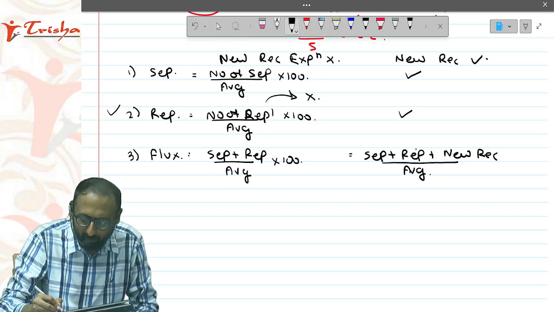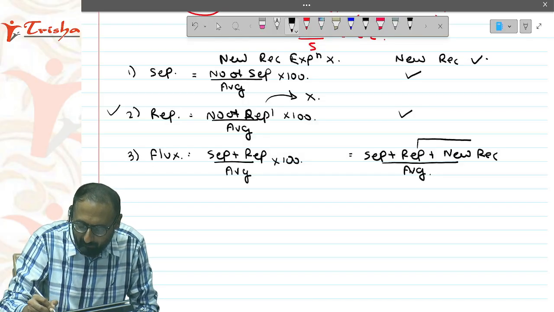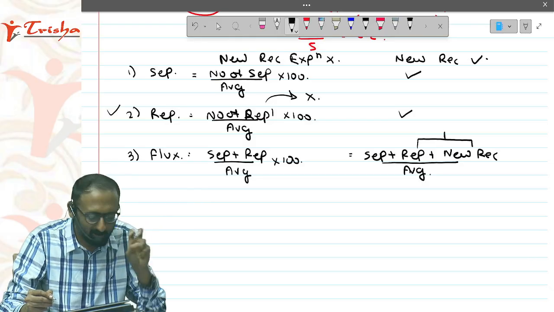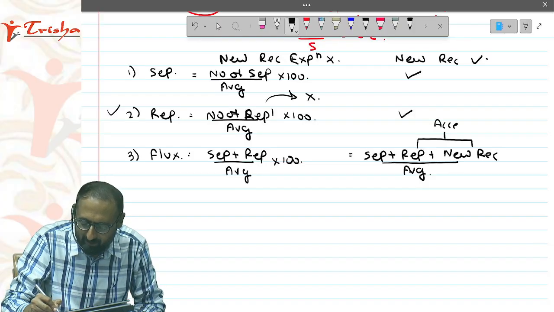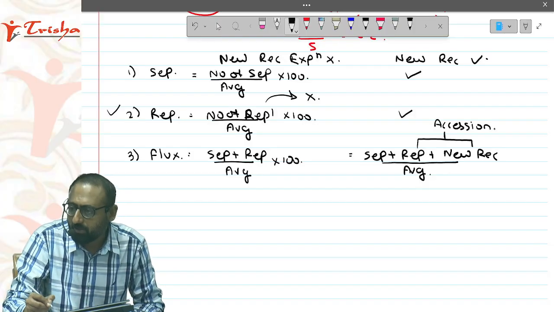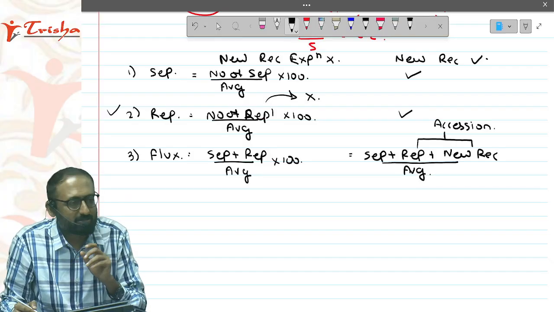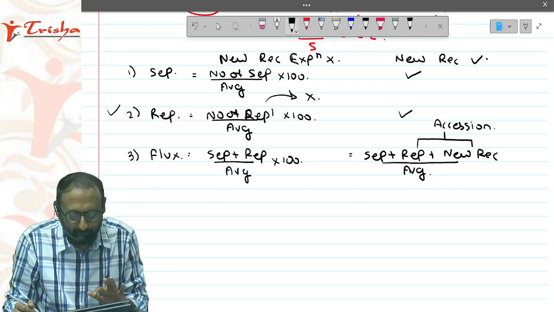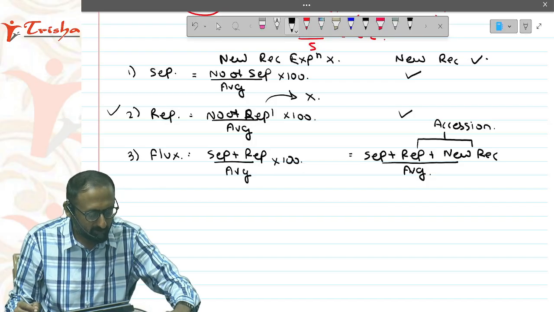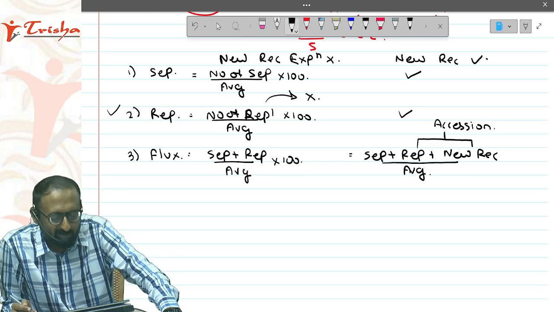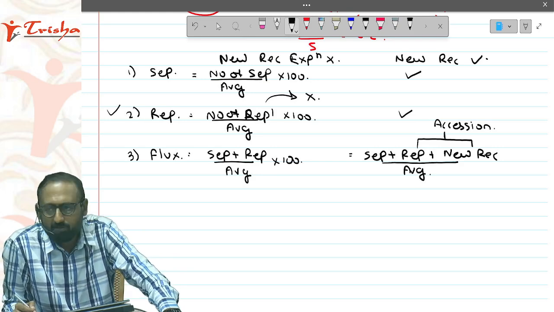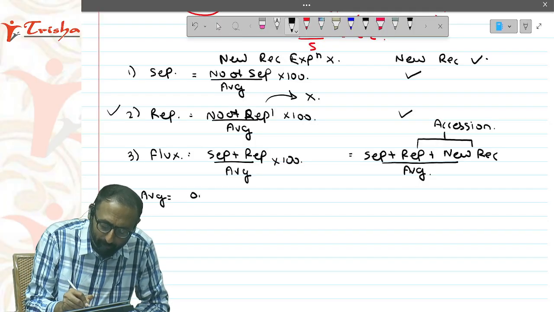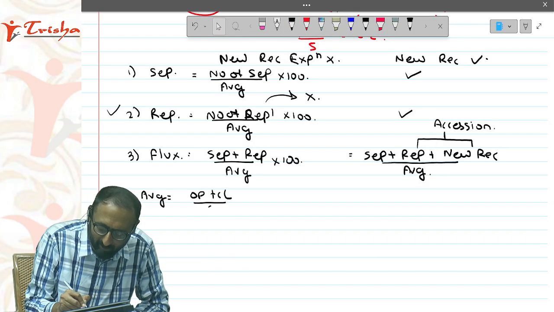One more thing you'll have to remember: number of workers replaced plus new recruitment for expansion, this total is called accession. Next, how to calculate the average number of workers? Very simple formula: opening workers plus closing workers divided by 2. Correct?